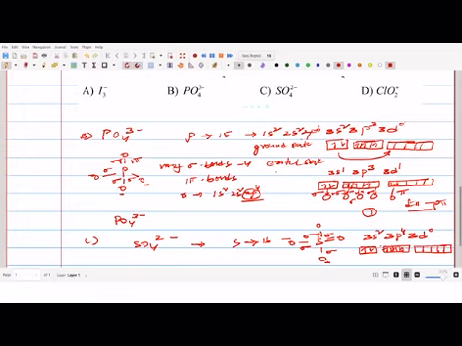This is the ground state configuration, so it will promote electrons to the d orbitals in the excited state, and 4 bonds will form.